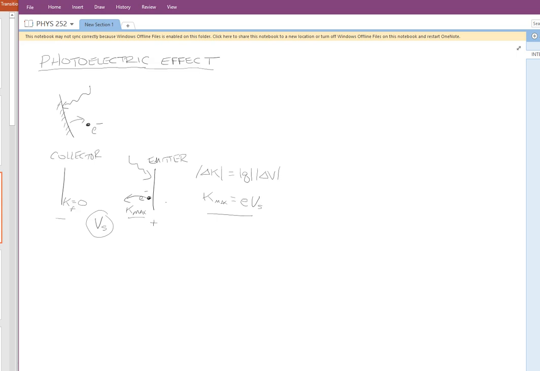But if we change the frequency, we will change the stopping potential. And in fact, it looks like this. If you do the experiment over a certain frequency range and you measure the stopping potential, you end up with something like this. It is in fact linear, and this is that cutoff frequency. I'm going to call it f sub CO.